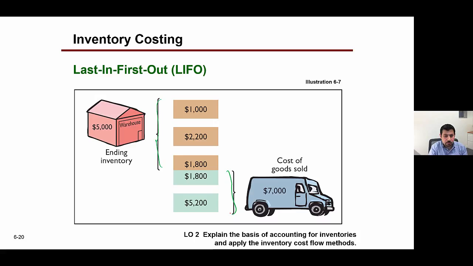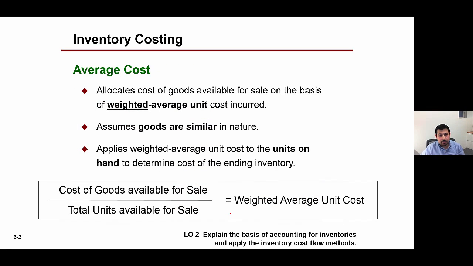For the average cost, it's much simpler. We take the weighted average for all the units, and then we multiply it by the number of units that are still on hand to calculate the ending inventory, or we multiply by the number of units that were sold to calculate the cost of goods sold.